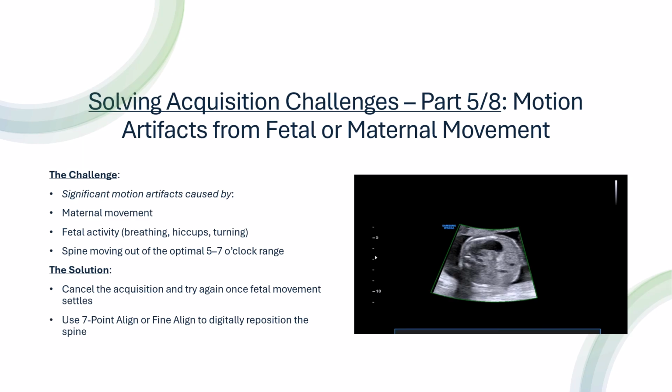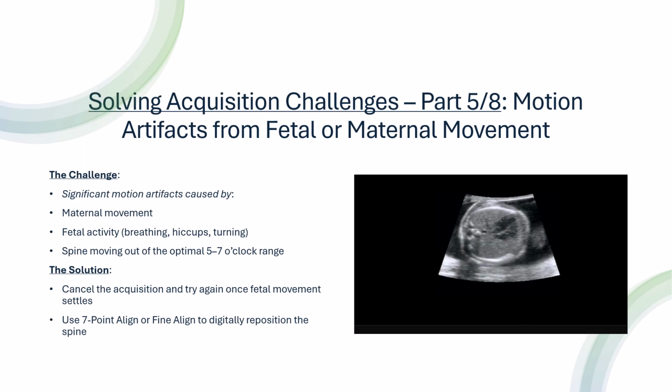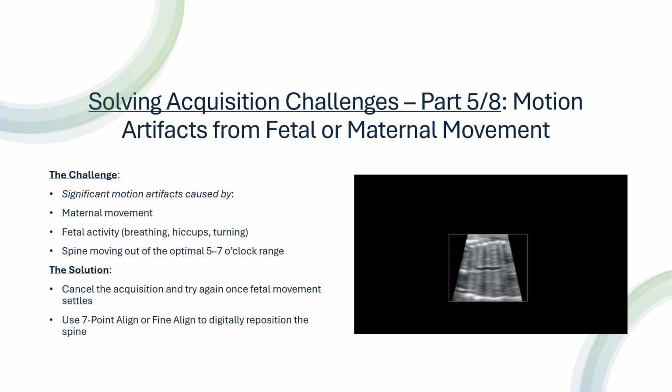You can also use tools like 7-point align or fine align to digitally reposition the spine and salvage the volume, restoring alignment without repeating the scan. Only if all anatomical landmarks are visible in the suboptimal volume.